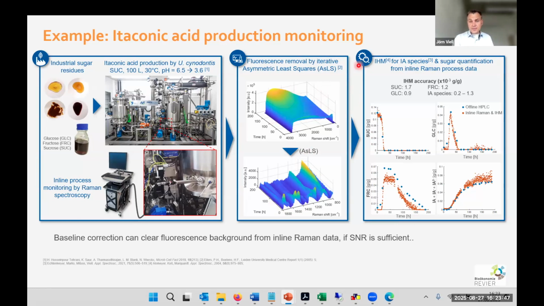And then you can still quantify fructose, sucrose, glucose, and the products as effectively as HPLC does in offline analysis.